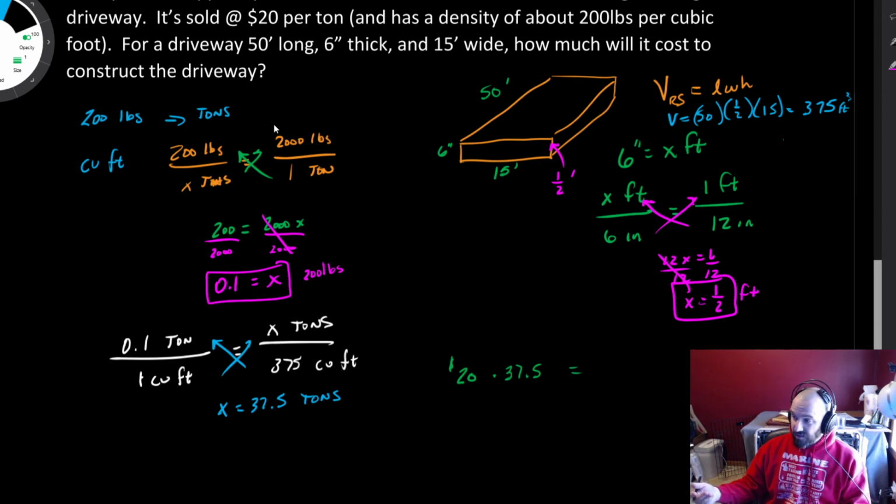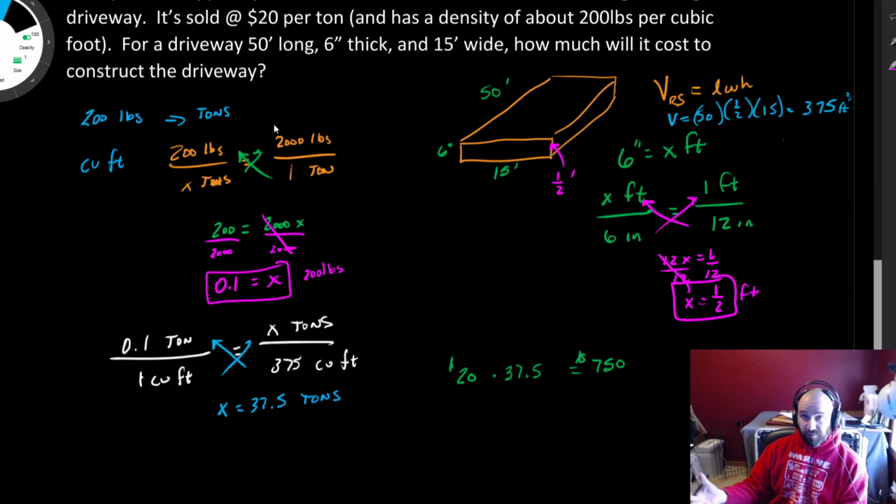Well, twice that is going to give me 75, and so 75 and a 0 is 750 bucks. Let's confirm that because I'm lazy. I'm feeling off today, times 37.5. Yep, 750 bucks. So it's going to cost me $750 to put that in with road gravel.